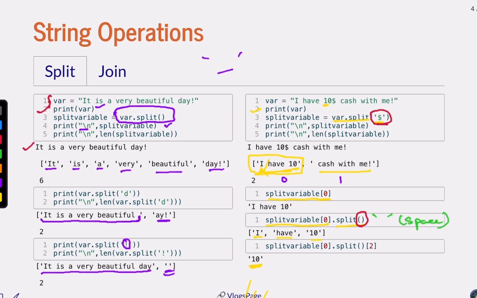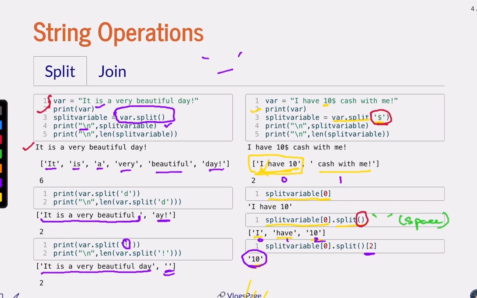Since we want to extract 10 which lives in index 0, 1, 2, I can extract that using that index, which is 2. So finally we have extracted the 10 number from this statement, which is "I have $10 cash with me".